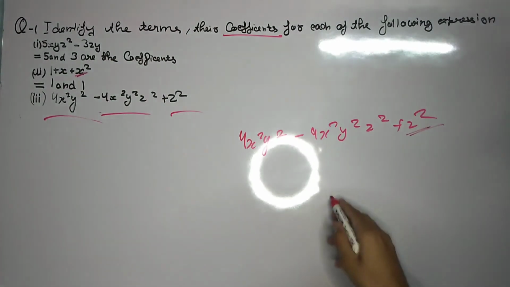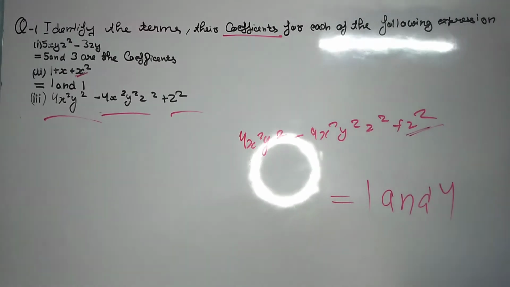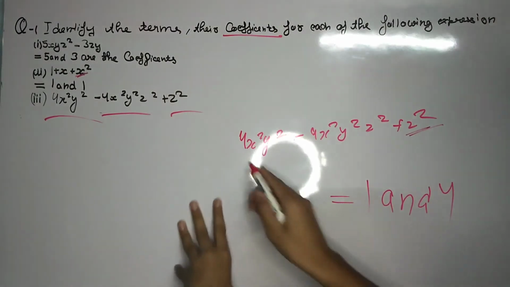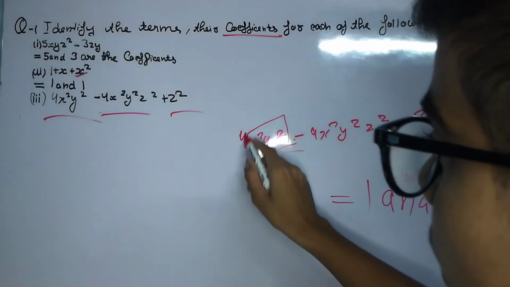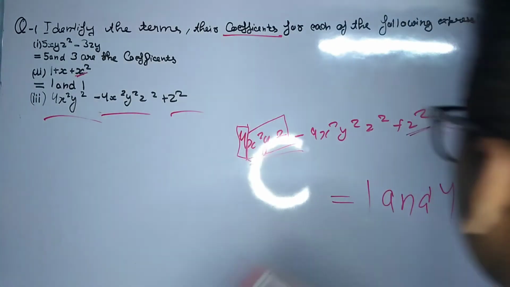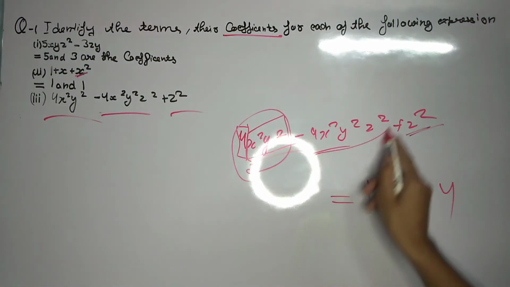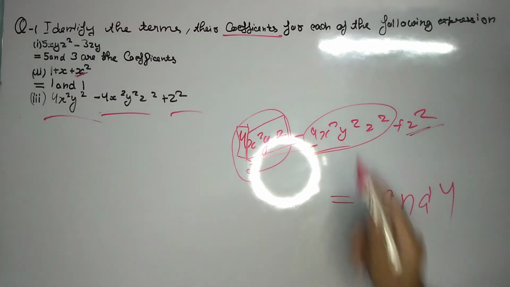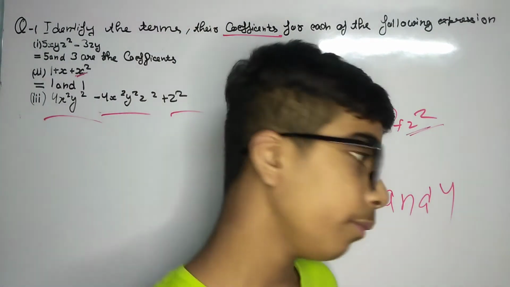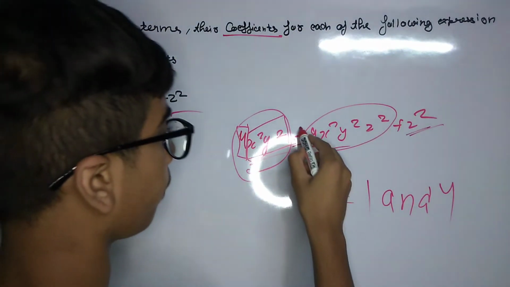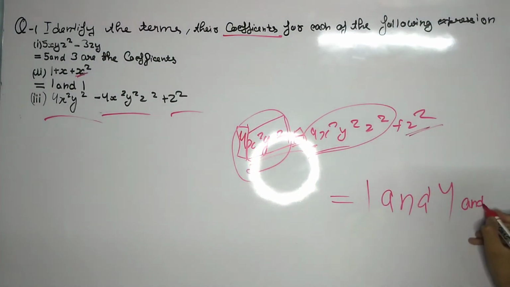So we will get 1 and 4, because xyz square is the variable and 4 is coming as a coefficient before it. So we got 1 and 4. Then the same concept applies here, and we got again 4. But this 4 is not positive, this is a negative 4 because the minus sign comes here. So we will write minus 4.